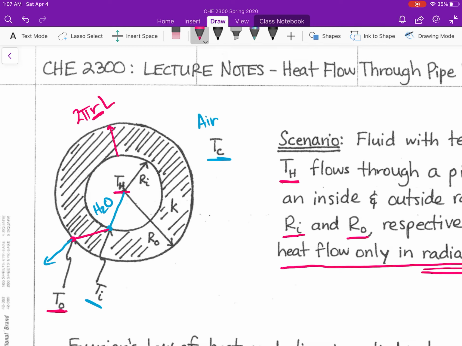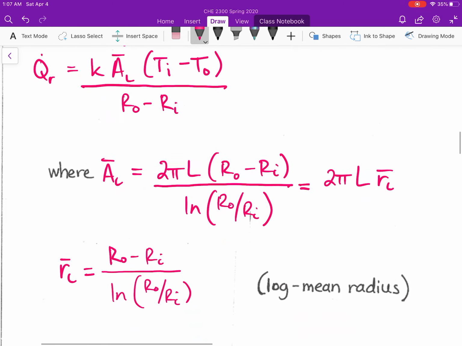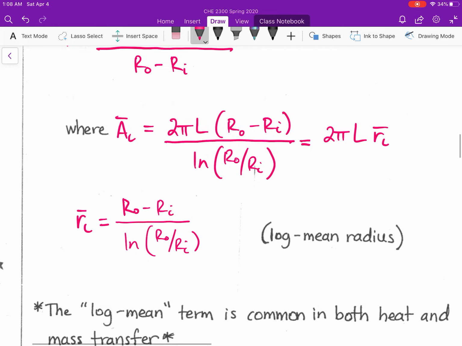This radius is changing as I move from the inner radius to the outer radius. So I need some term that defines that heat transfer, taking into account that I don't have a constant area of heat transfer when I have heat transfer through this pipe wall. And so in that case, we'll define some log mean term, right?